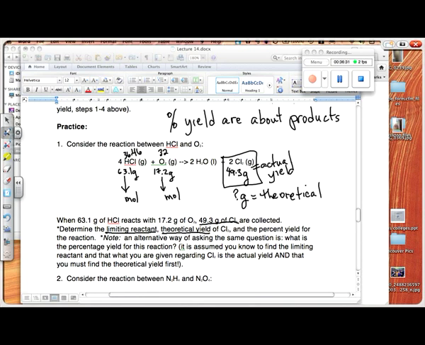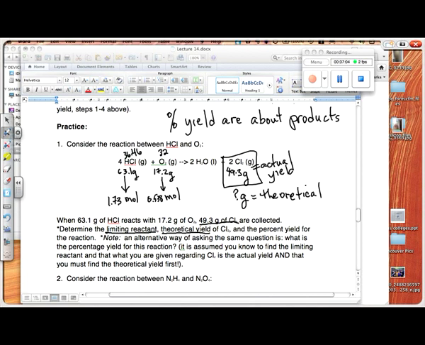So 63.1 divided by 36.46, moles of HCl are 1.73. Okay? 17.2 divided by 32, 0.538 moles of oxygen. 0.538 divided by 1, is that a smaller number than 1.73 divided by 4?